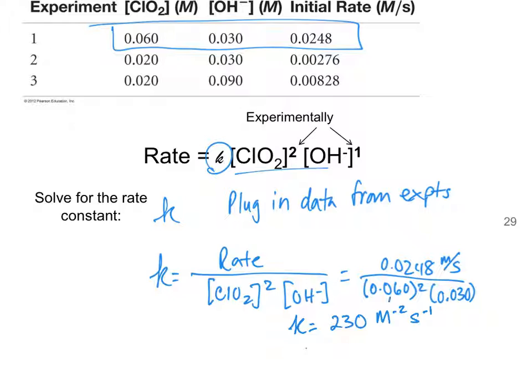I guess I got a little messy here. This is moles per liter on the bottom. So we have moles per liter per second in the numerator, divided by moles per liter cubed in the denominator.